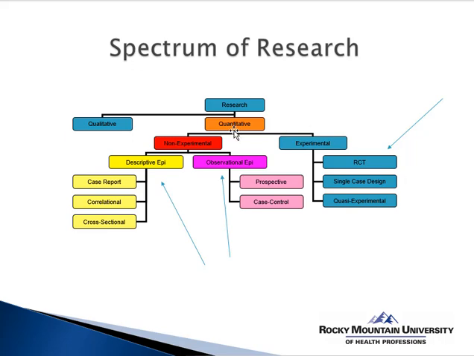Under observational epi is where we find the cohort studies and case control designs. Descriptive epidemiologic studies can also be done. And then finally, oftentimes you think about randomized control trials comparing one treatment versus a control group or versus a second treatment group.